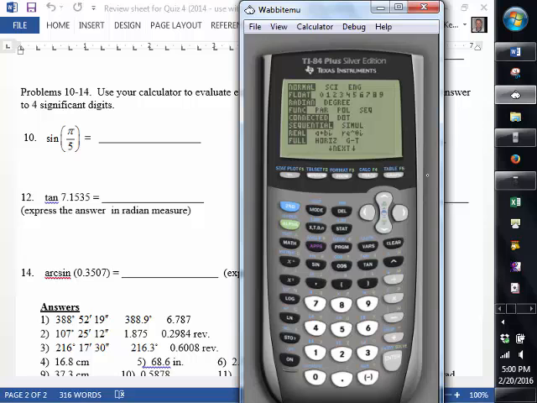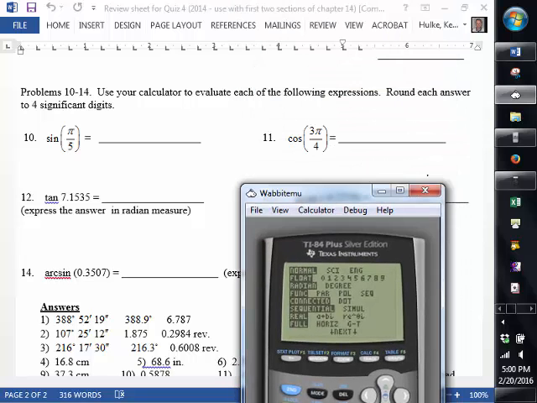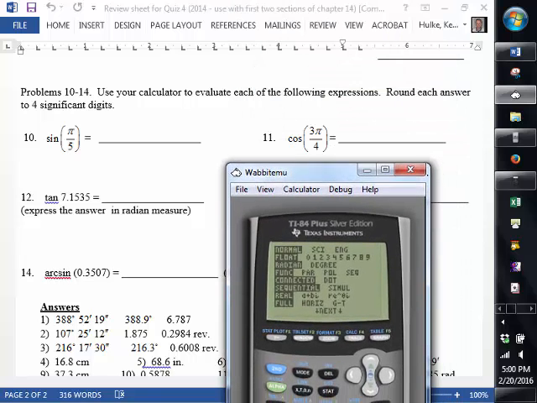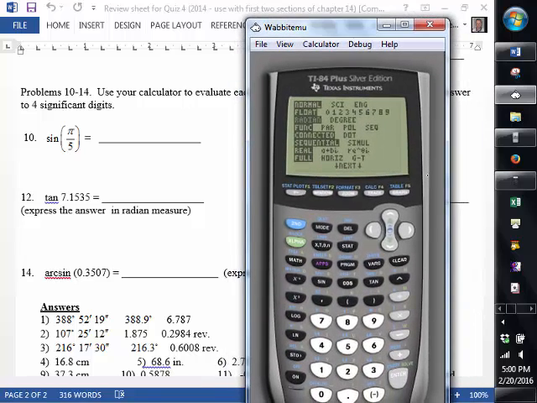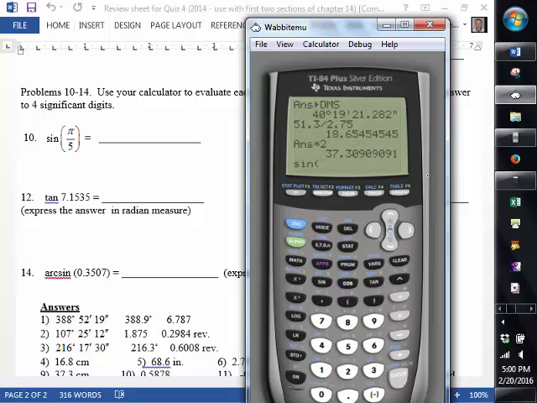So we take sine of pi divided by 5, and we get 0.5878.